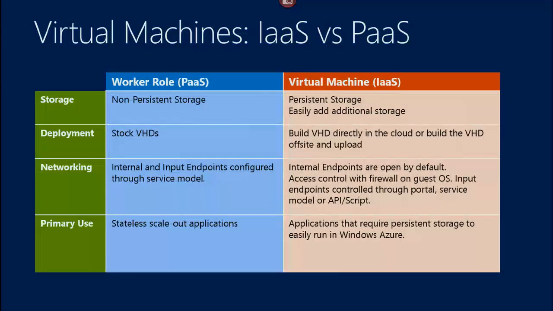So that's one difference, but here's some other big differences. For example, storage. This is the number one big difference between our PaaS and our IaaS, and that is the durability of the storage that's underneath the virtual machine. With a PaaS virtual machine, which is a worker or a web role, the virtual machine is running on a server in our cloud, and the disks that it sees, its C drive, its D drive, are both stored locally on that server.